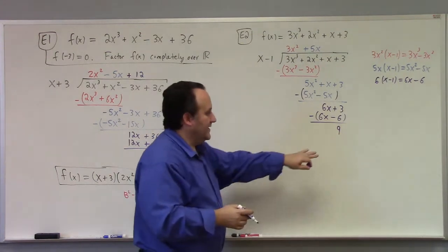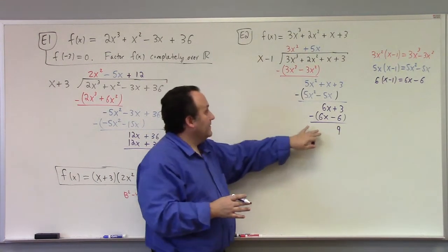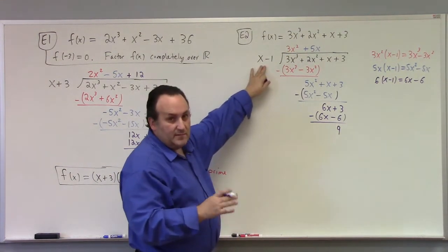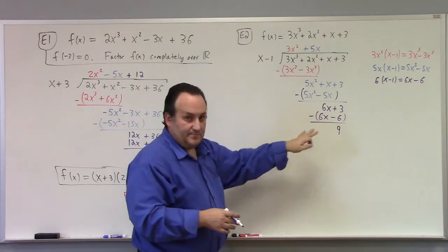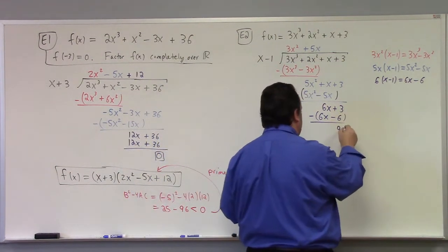And once you get something here which has smaller degree than what you're dividing by, you're done. All right, so this is the remainder. The remainder is 9 in this case.